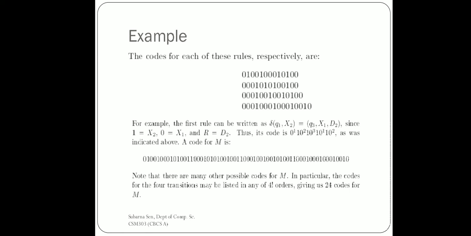If you arrange and rearrange in this fashion, it will be 4 factorial. We can permute in this manner, right? So it is 4 factorial, so there will be 24 codes for this machine, fine. If there were 5 codes, how many would there be? 5 factorial, right? If there are 2 codes, there will be 2 factorial ways of representing it, fine.